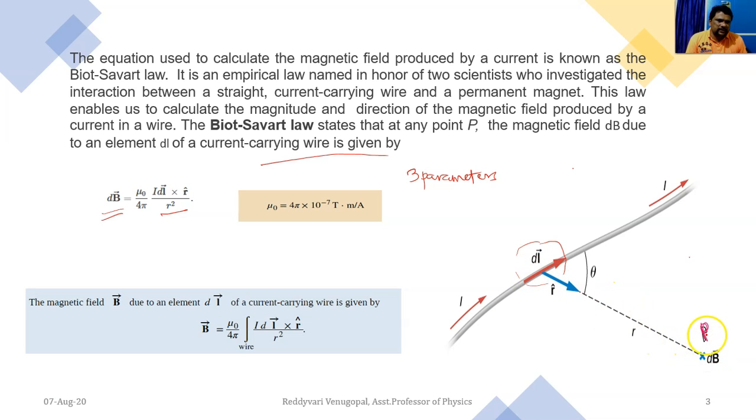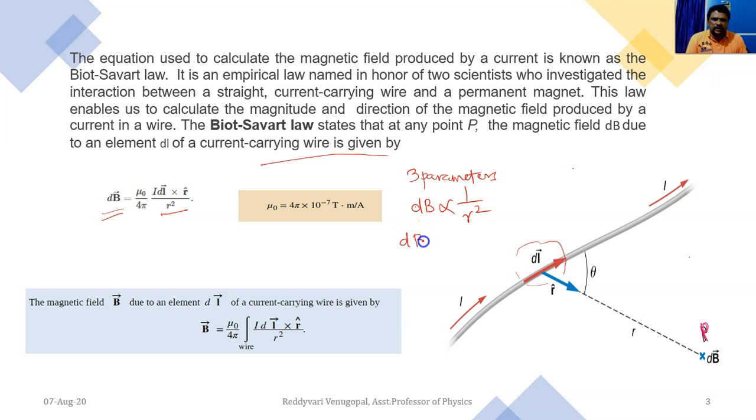Let us say dB is the magnetic field due to this element dl at point P. Then dB is inversely proportional to r square, the distance between point P and the current element.